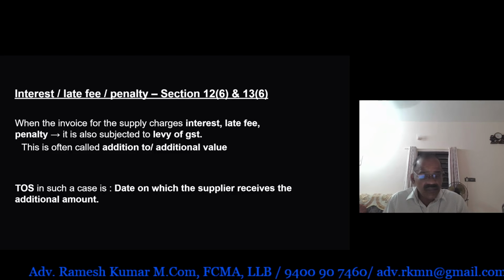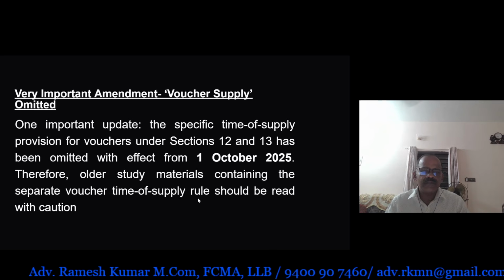So this additional 5,000 rupees becomes relevant for GST levy when the supplier receives that additional amount. Therefore, for the additional value, the time of supply is linked to the date of receipt of that additional amount by the supplier. So remember that we are not reopening the original time of supply of the rupees 1 lakh supply, but we are dealing separately with the additional value arising because of the delayed payment. That is the key.